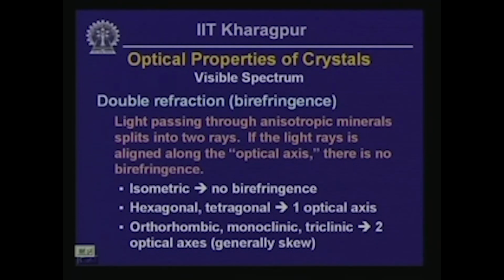On the other hand, if the ray passing through is oriented along a certain preferred direction, there will be no birefringence, and this special direction is called the optical axis. If you have isometric crystals, you should remember that there will be no birefringence. Hexagonal and tetragonal crystals have one optical axis, and orthorhombic, monoclinic and triclinic crystals have two optical axes, and they are generally skew.